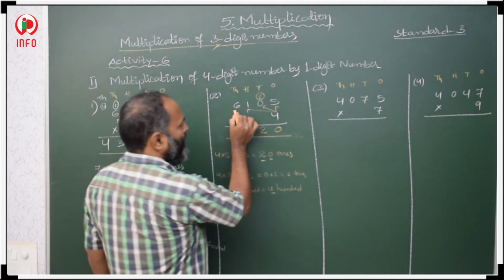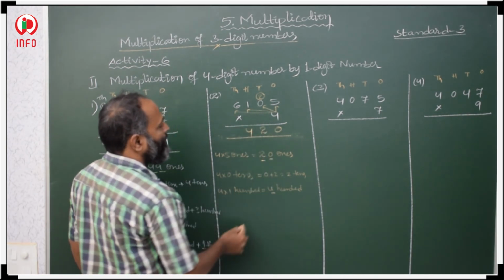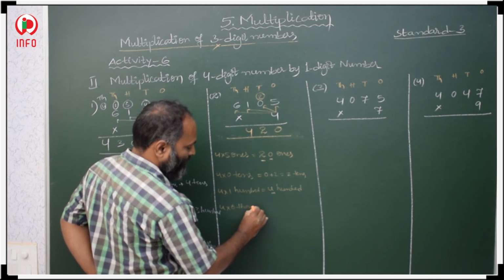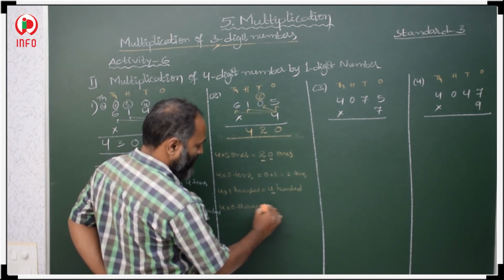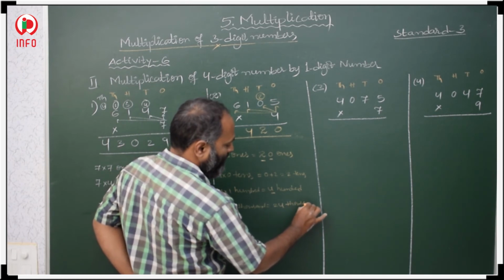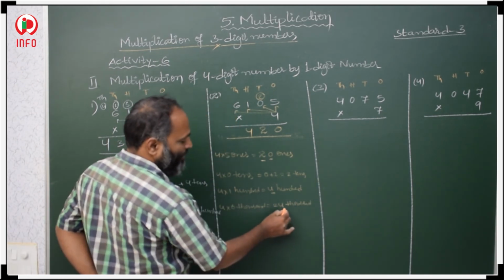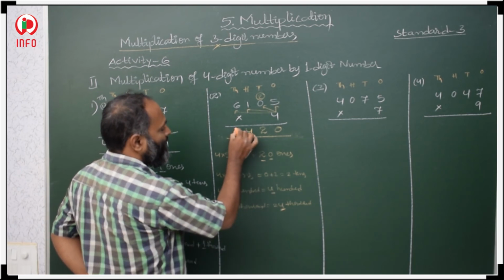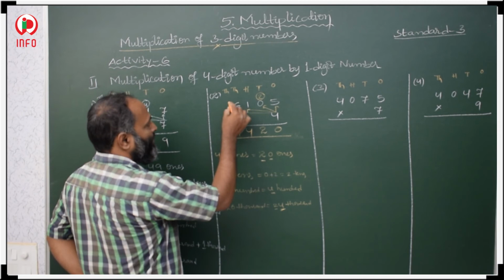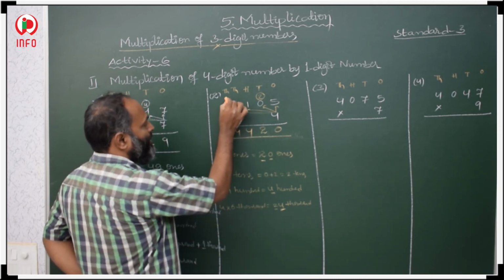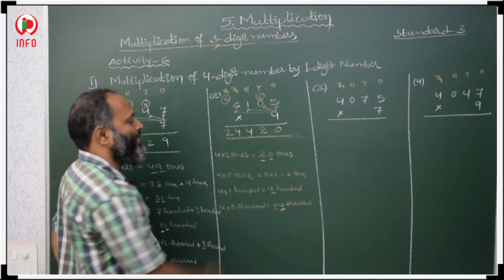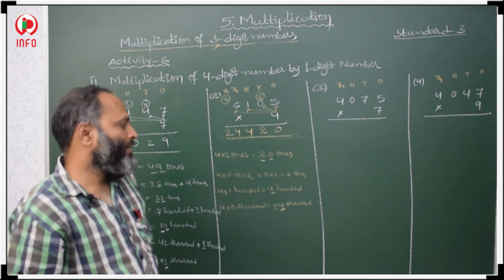Now 4 with thousands place, 4 into 6000, 4 sixes are 24, 24,000. 24,000 means 4 is in 1000 and this 2 is in 10,000. What is carry over in 10,000 place? 2. There is no 10,000 place to multiply, so 2 as it is. That is it.